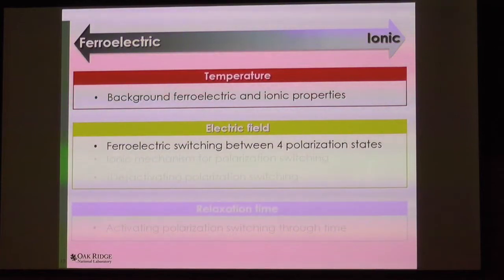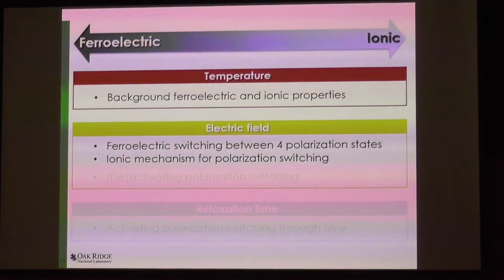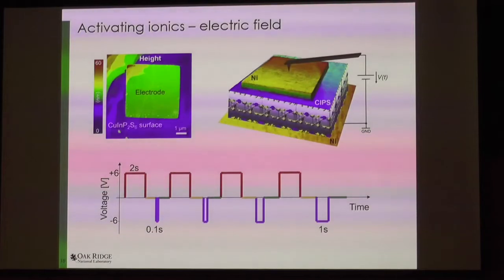In the next couple of slides, I'd like to show you how we can use an ionic mechanism to get a little bit more peculiar behavior. So we talked about how ionics is slow and field activated and frequency dependent. So in this setup, we used longer voltage pulses.